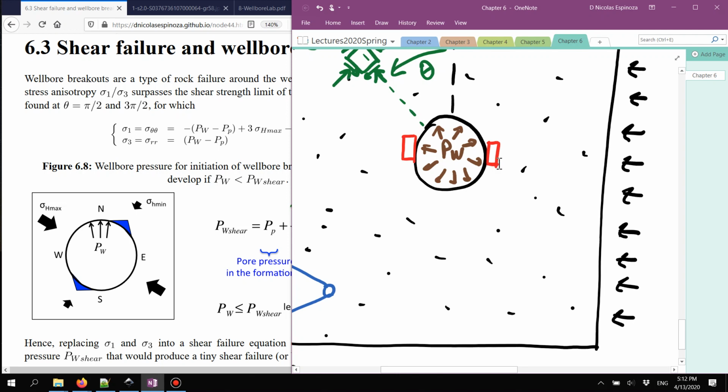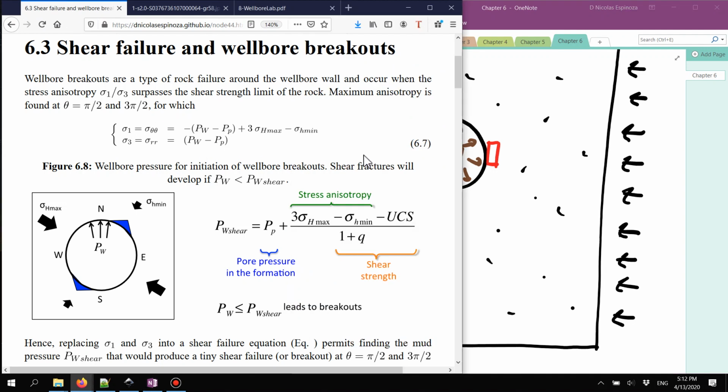All right, so if we take the equations from Kirsch and we replace r, the radius, with the wall of the wellbore, and if we take the angle theta as 90 degrees and 270, we're going to get these simplified equations of the hoop stress and the radial stress.